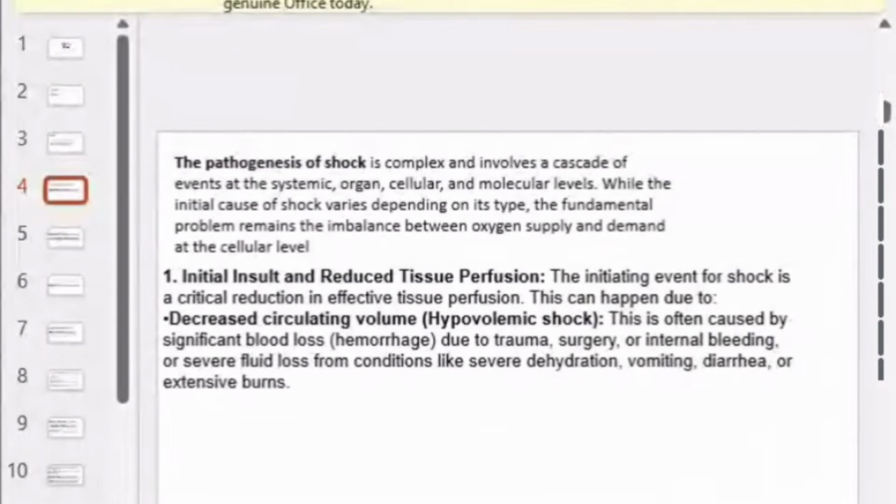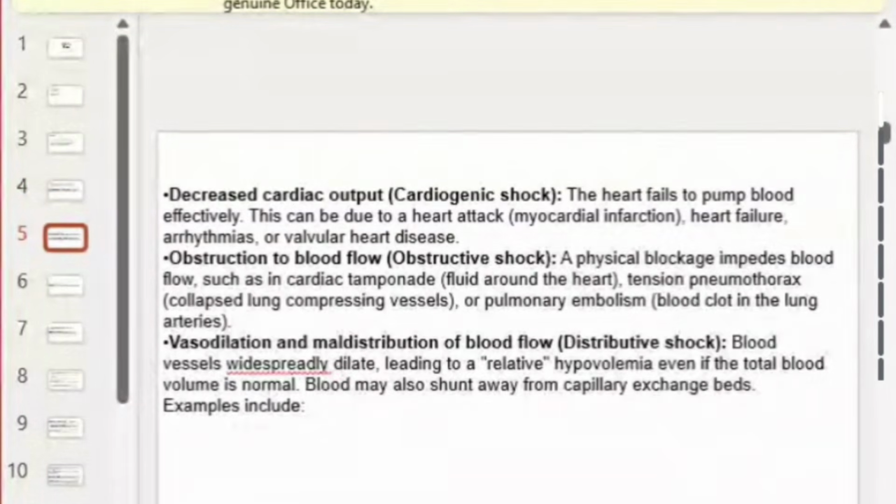Another way is obstruction to blood flow, and this kind of shock is called obstructive shock, whereby there's a blockage to the blood flow, and it might be due to a blood clot, an embolism, or collapsed vessels along the circulatory system.